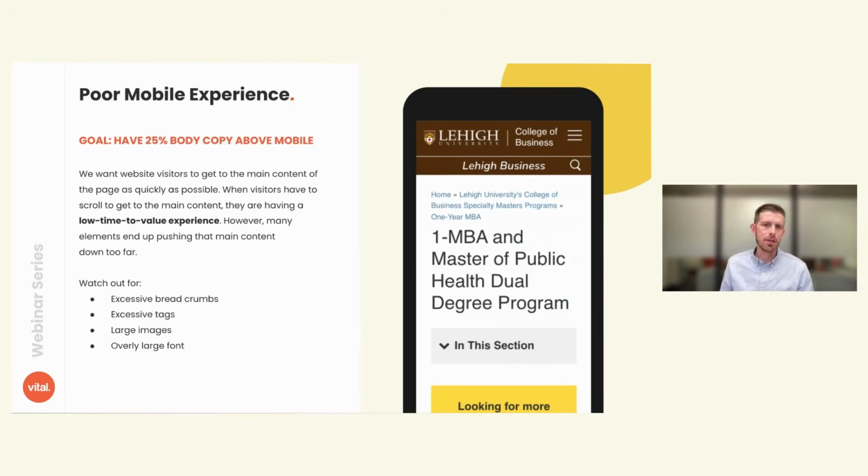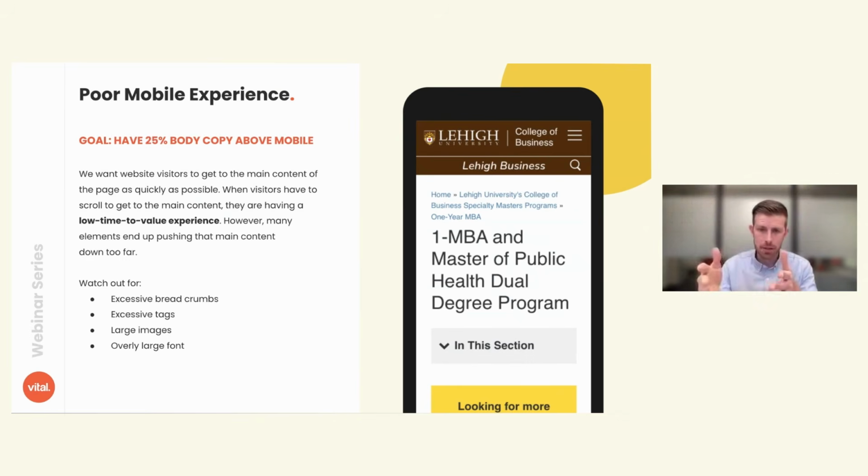Last thing on mobile is, call it time to value. Essentially, given that mobile real estate is limited, we want to get people to the valuable information on the page as quickly as possible. The valuable information is usually down more into the body.